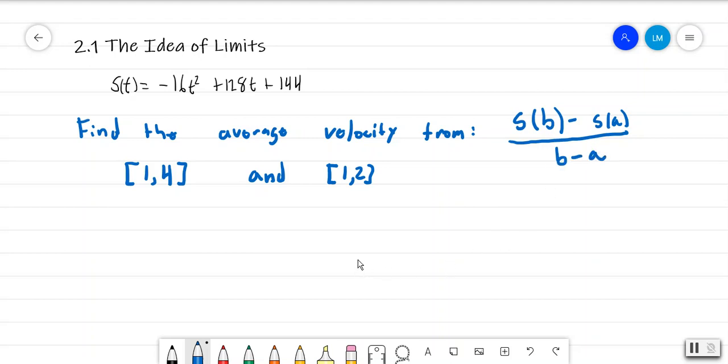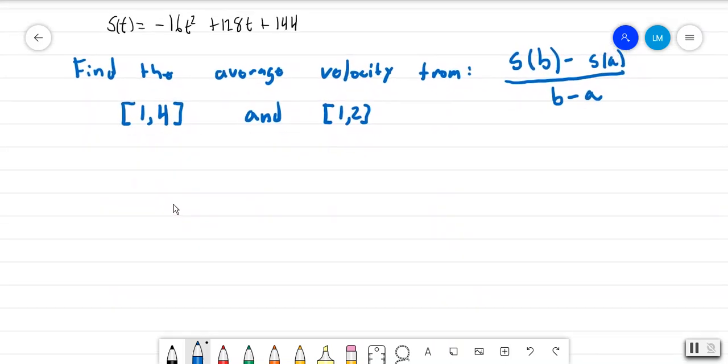What that means is that all we're finding in this computation is the average rate of change during this time interval, which in this case we're told that we want to find the average velocity from 1 to 4 and then 1 to 2.